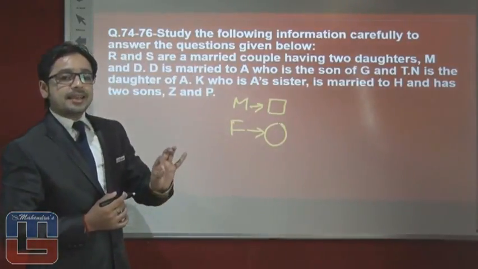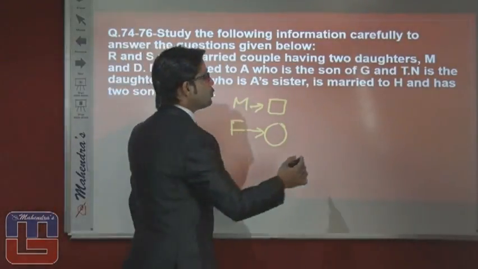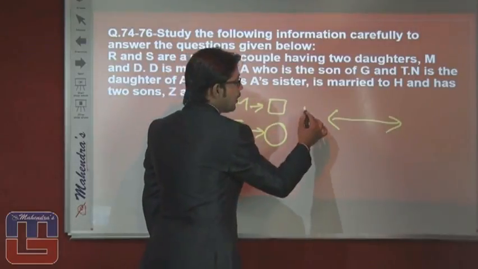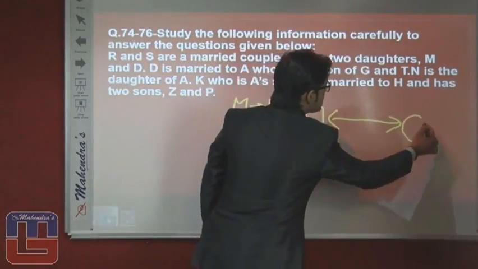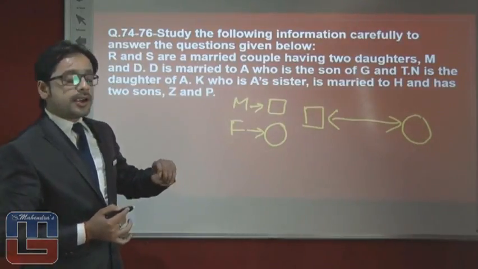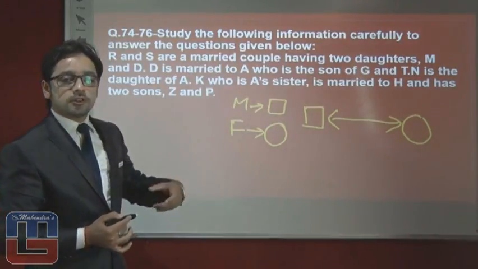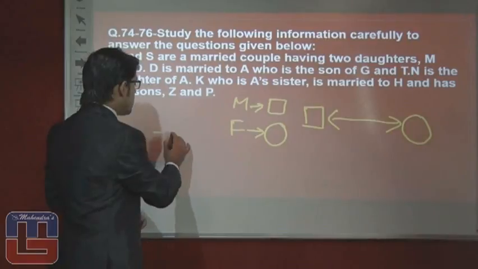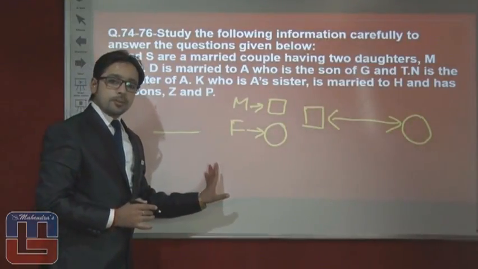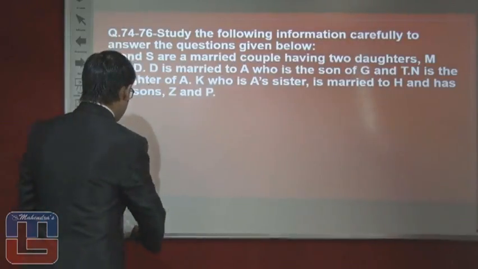If you find any married couple, then you have to mention it with this type of arrow, where one member is male and one member is female. If you are trying to draw a statement like A is brother of B, you can put siblings. For siblings, you can draw a single line. So that will be beneficial for you. So let's move on towards the question.